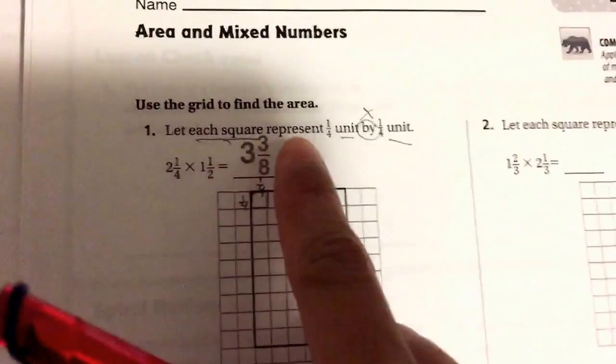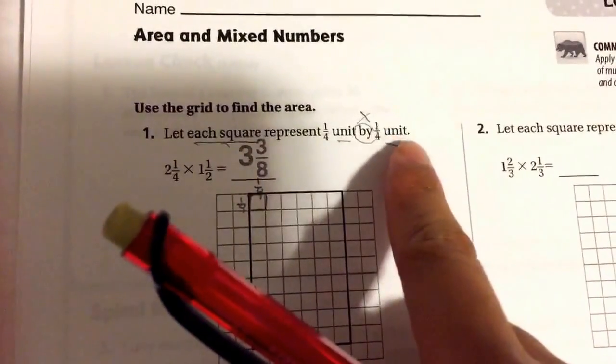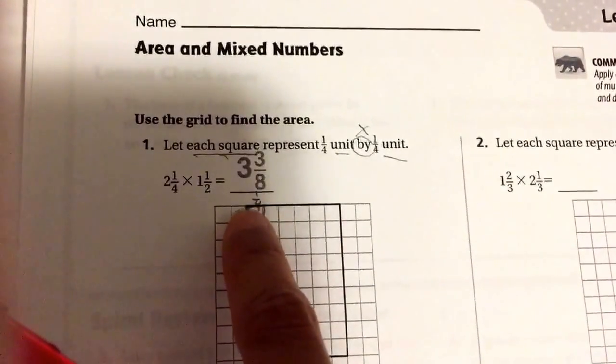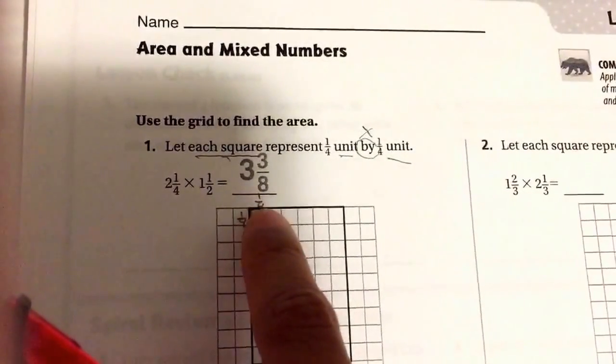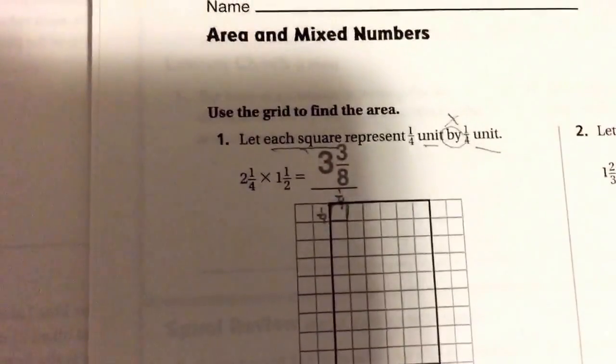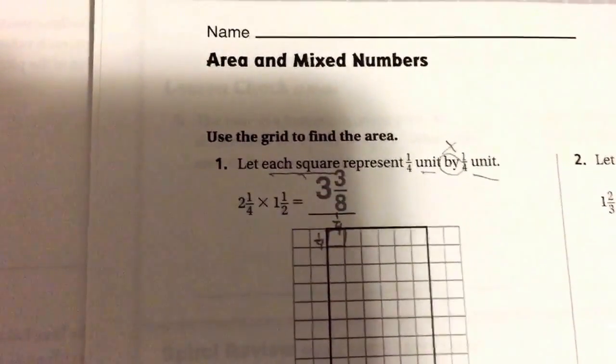Let each square represent 1/4 unit by 1/4 unit means if you were to look at just 1 square, this length is 1/4 and this length is 1/4. This is a 2-dimensional object because it's going up and down and left and right.